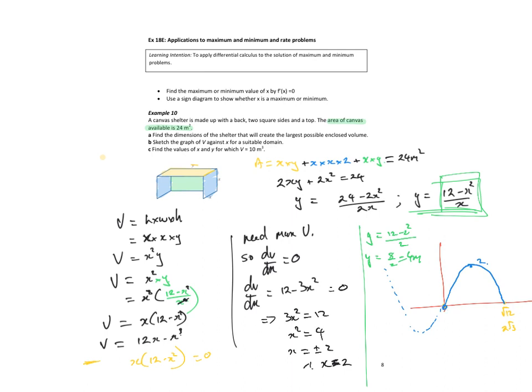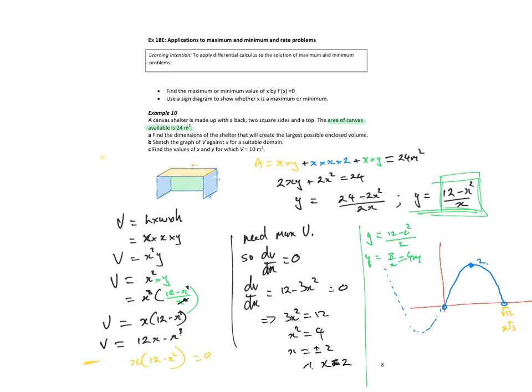I think at x equal to 0, it means we don't have a shape, so we're not going to include 0, and I'm not going to include 2 root 3. The maximum volume occurs when x equals 2.